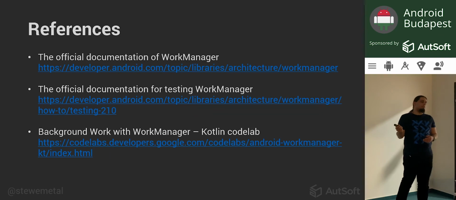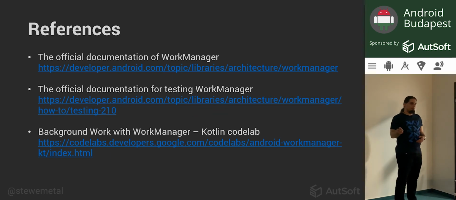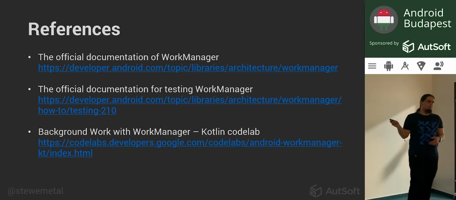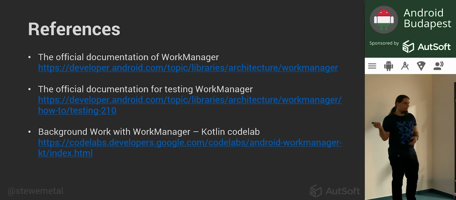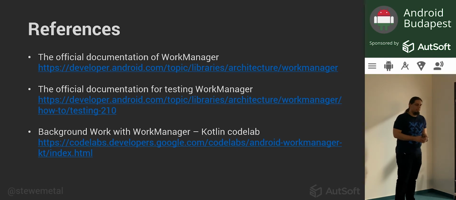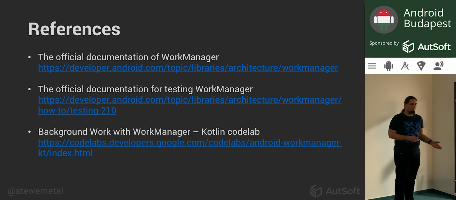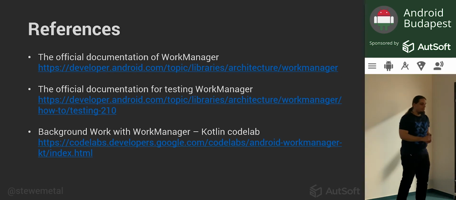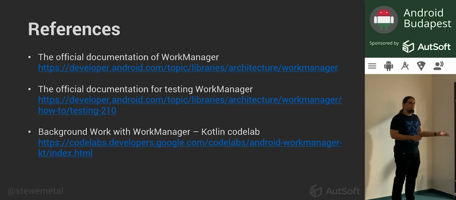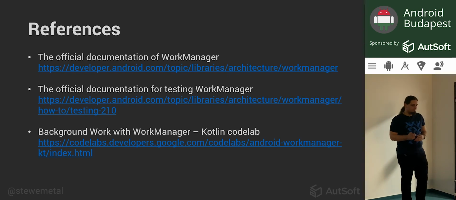But there is the official documentation with very good examples of how to use those classes. Also, there is a code lab written in Kotlin, which you can see. It walks you through the steps and basically the same things I said before. It's quite useful, and it has a more meaningful example than we had time to touch here.